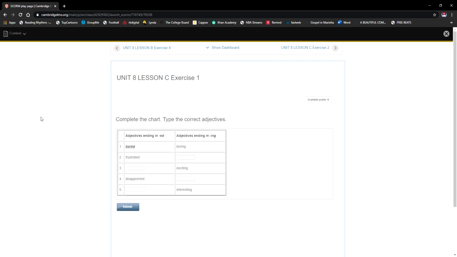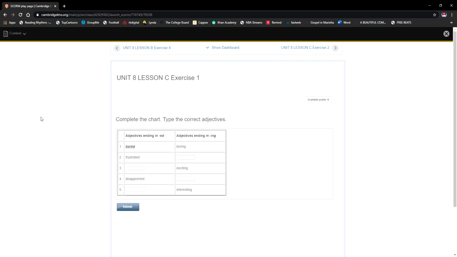But did you get your book? Are you on page 94? Very good. Go to exercise 1. So look at what the exercise is asking. The exercise is asking us to complete the chart.